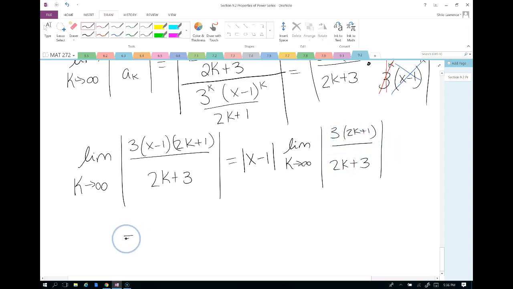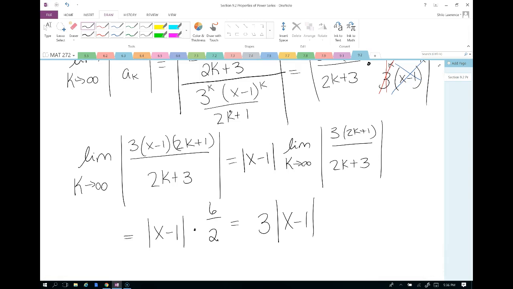And the coefficient in the top is going to end up as a 6, and the coefficient in the bottom is a 2, which simplifies down to just 3. So if you've got any polynomial pieces, we can't simplify those when we do the flip and multiply. It's the limit that takes care of those for us. So we've simplified it all the way down to 3 times the absolute value of x minus 1.